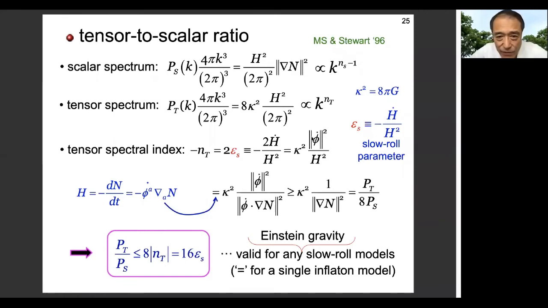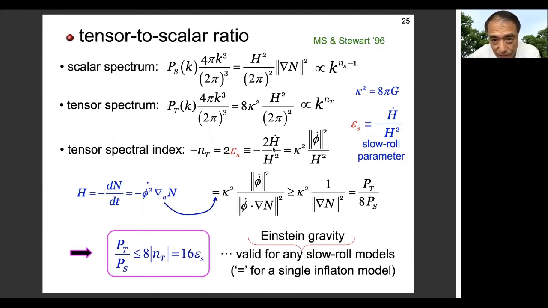There is a famous consistency condition in the single field case, where the spectral index of the tensor spectrum is related to the so-called epsilon parameter of the expansion of the universe, the Hubble expansion.